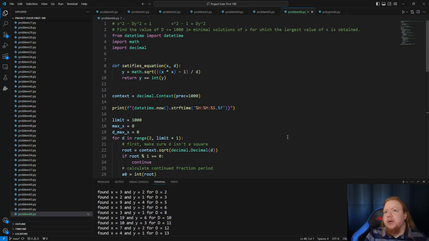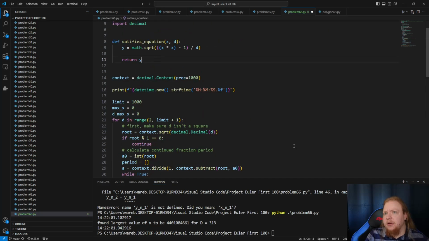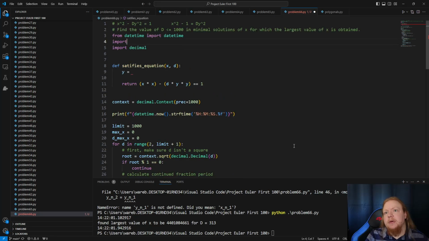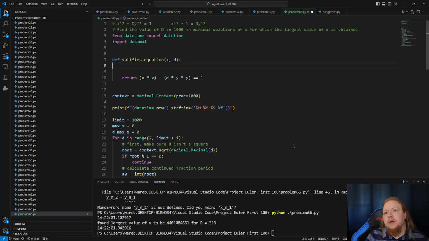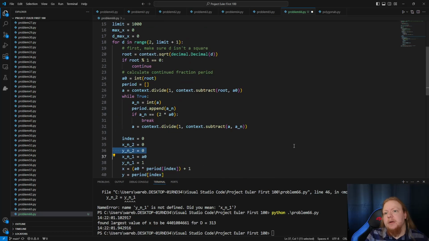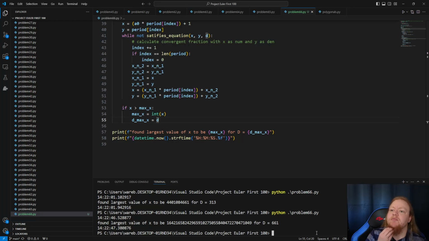So I'm going to go ahead and undo that refactor so that I have working code. There. That's checking myself. 661. Okay, so I'm going to call it there for today, and I'll catch you in the next one.